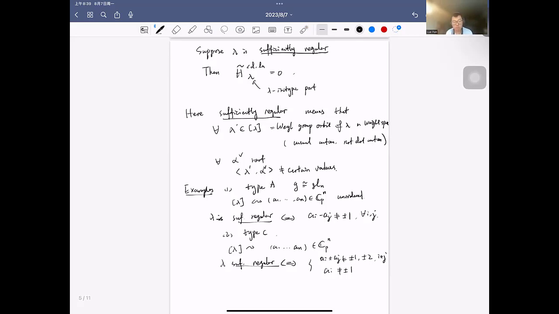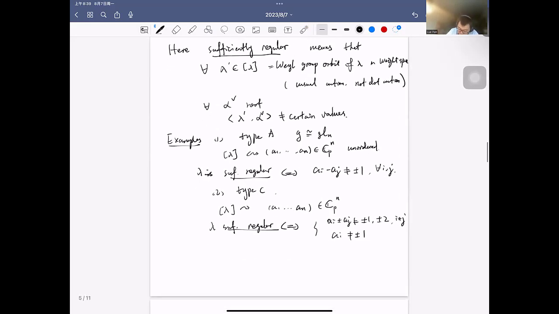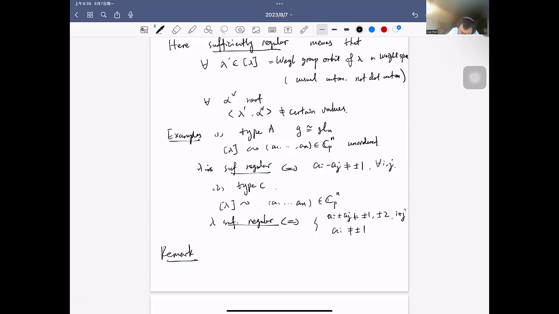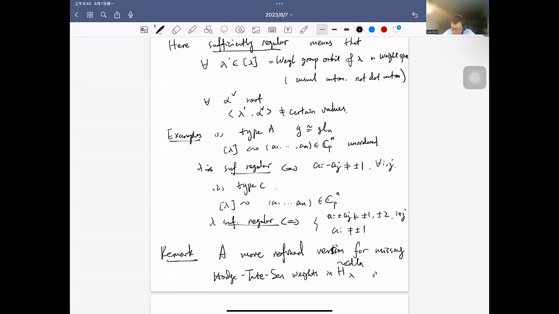Let me make one remark and take questions. The remark is that a more refined version, for missing Hodge-Tate weights, is in progress.